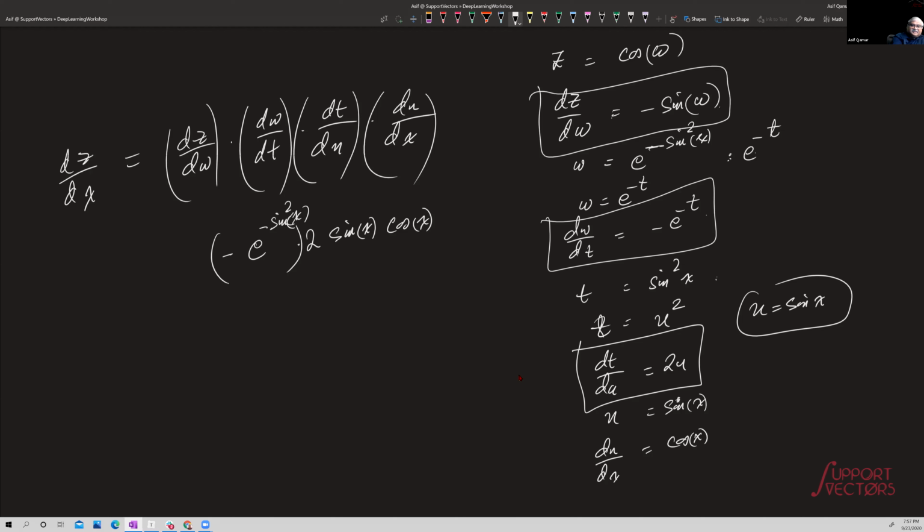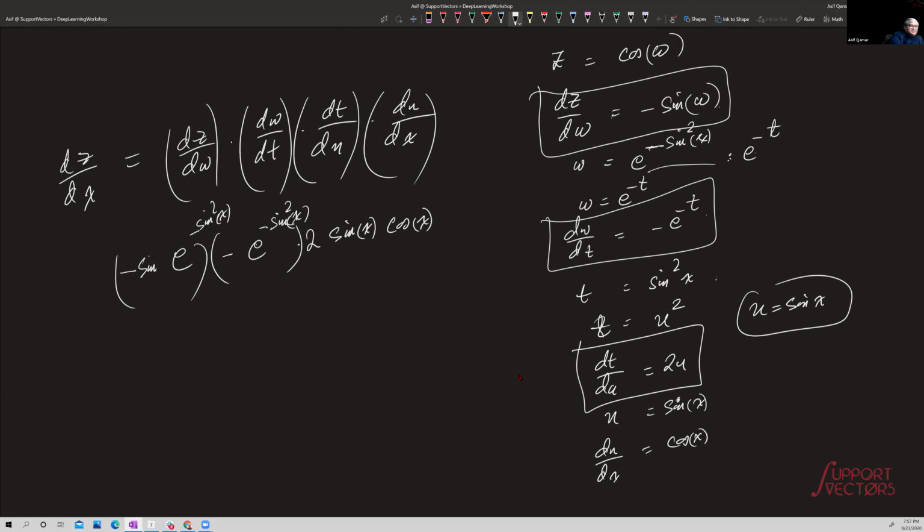And dz dw is minus sine w. So minus sine of w. But what is w? W is this whole thing, e to the minus sine square x. Right? So you can just multiply all of these things and you would know what your answer is. Right? So I hope I haven't made a mistake. I might have made a mistake somewhere along.